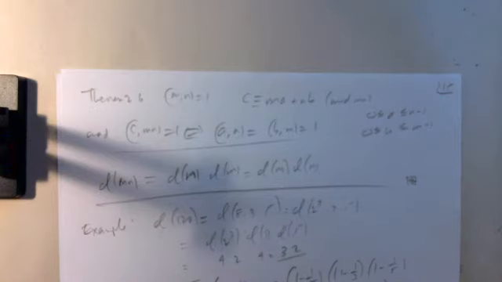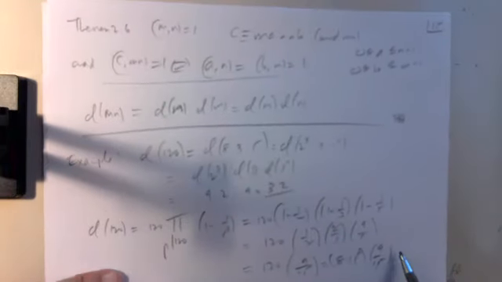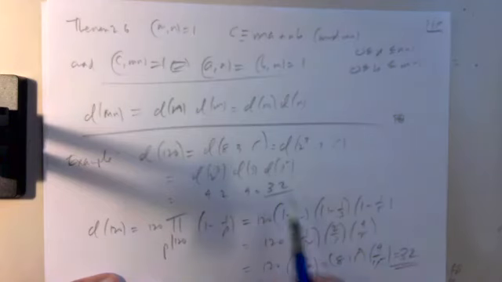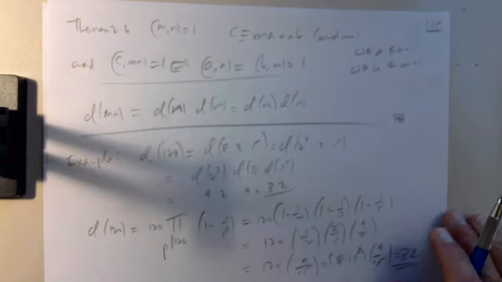I get 120 times 4 over 15. But 120 is 8 times 15, so the 15's cancel, and 4 times 8 is 32. So however you calculate this, you get the same answer because there's only one result.